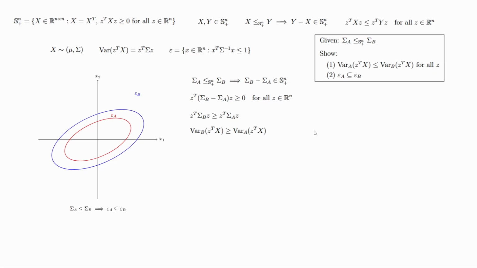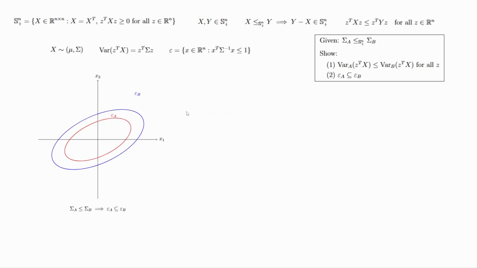We've shown that for any vector Z, the projection along Z for some sample X, you take the variance of that, and that must be larger for dataset B than compared to dataset A, assuming that sigma A is less than or equal to sigma B.